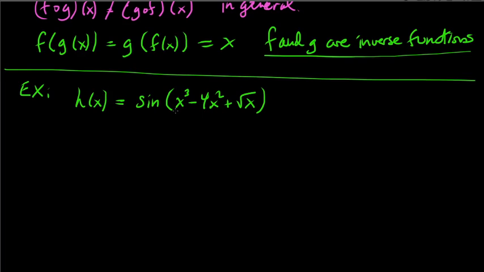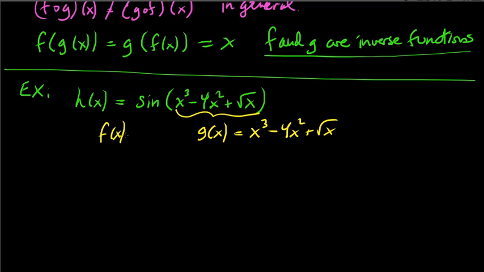But you can see that you're taking the sine of something, the sine of this angle here. So let's call this angle g of x. So g of x is just x cubed minus 4x squared plus the square root of x. And what is the function h doing to that? It's taking the sine of that. So we should say that f of x is just the sine of x.